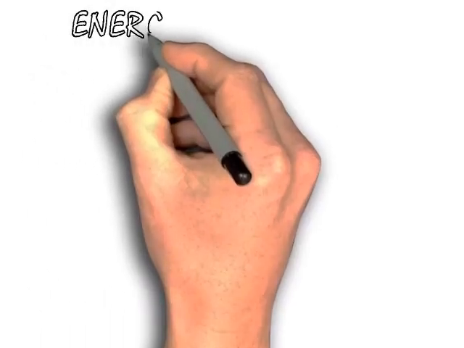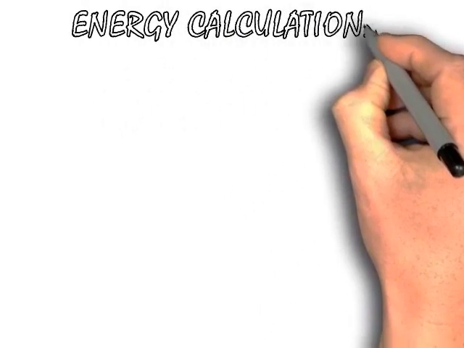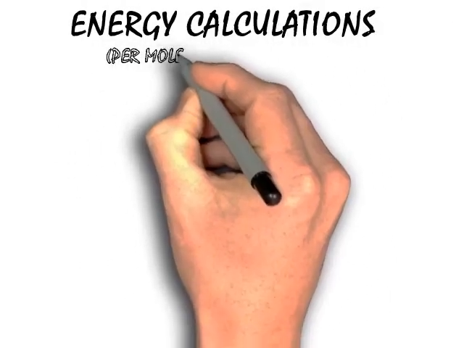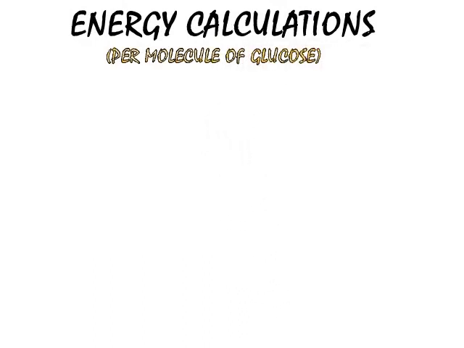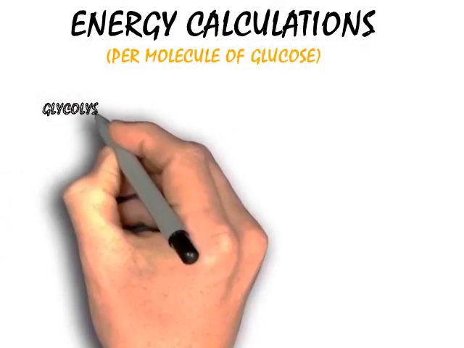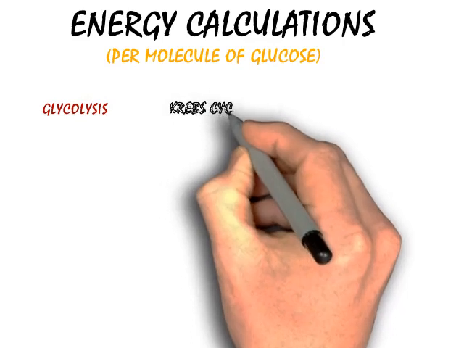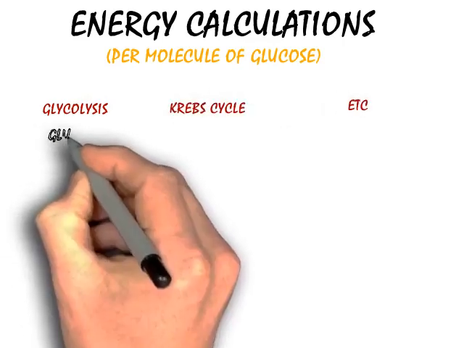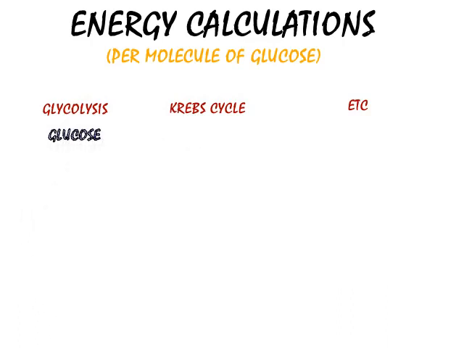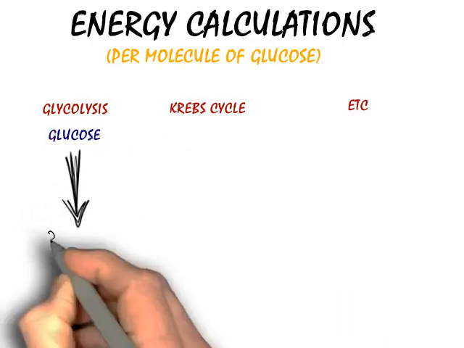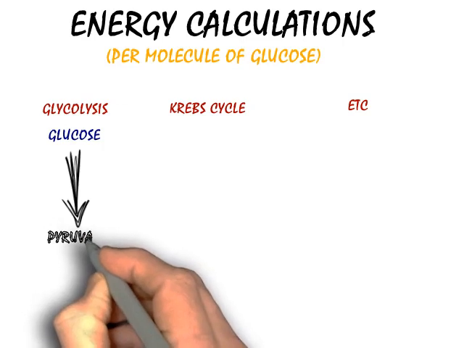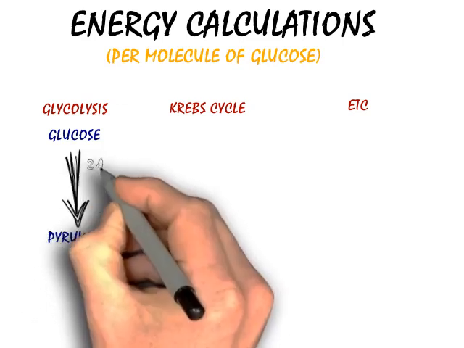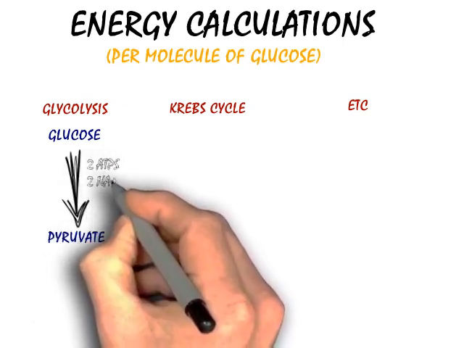Now let's talk about the energy calculation. Here we will calculate the energy per molecule of glucose. For this, we will look into the different cycles: glycolysis, Krebs cycle and the electron transport chain. In glycolysis, when glucose gets converted into pyruvate, it generates 2 molecules of ATP and 2 molecules of NADH.